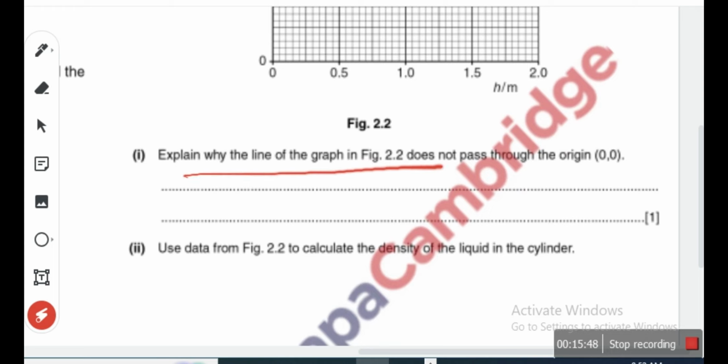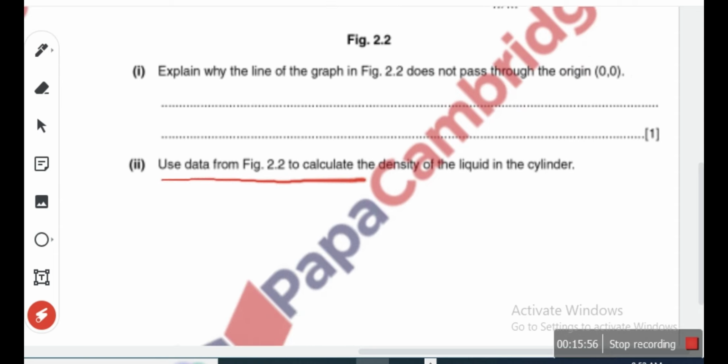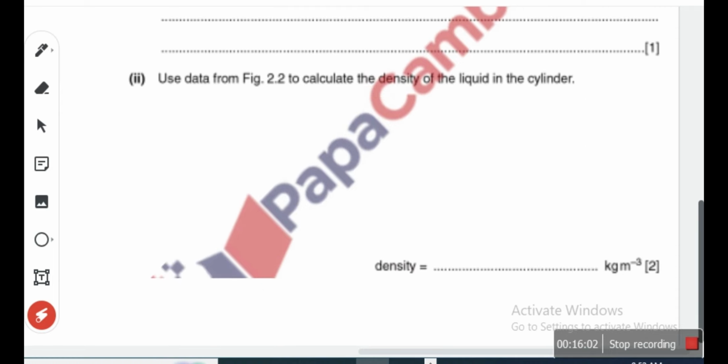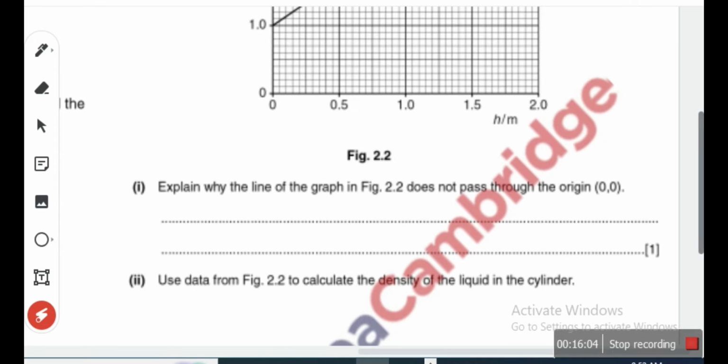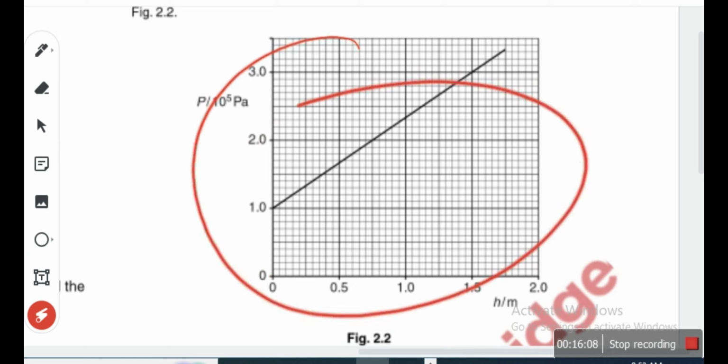Explain why the line does not pass through the origin, 0, 0. Why doesn't it pass through the origin? You need to look at that and think about it. And then it says use the data from figure 2.2 to calculate the density of the liquid. It's not as difficult as you may think. Just look at it carefully. Use this to calculate the density of the liquid.